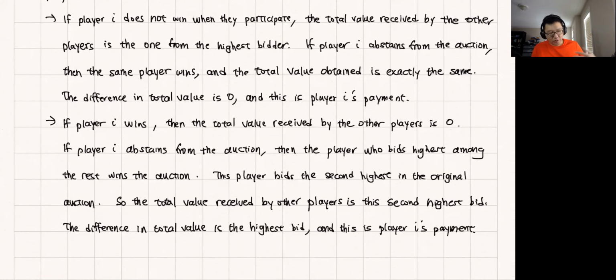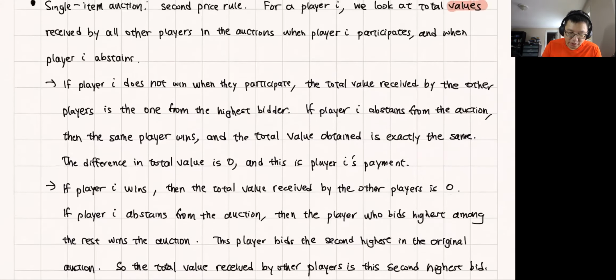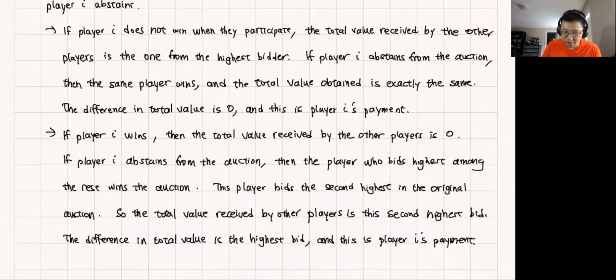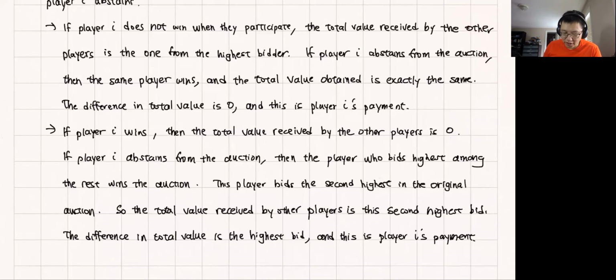In the second price auction, that is the payment for player I if they win. So that's a really long explanation for the single item auction in a different way of looking at things. Essentially the payment for a player is the amount of value that is lost by the other players when it participates.